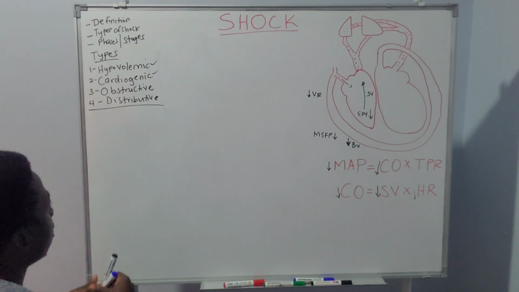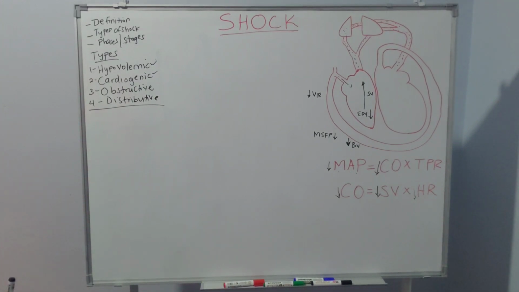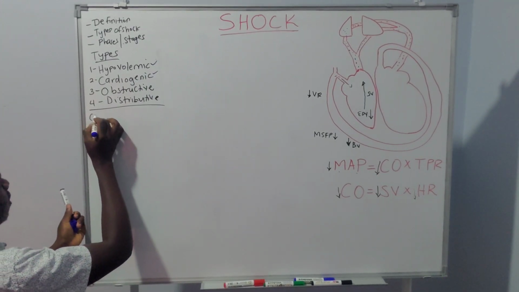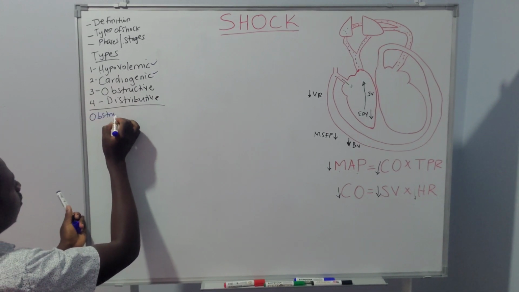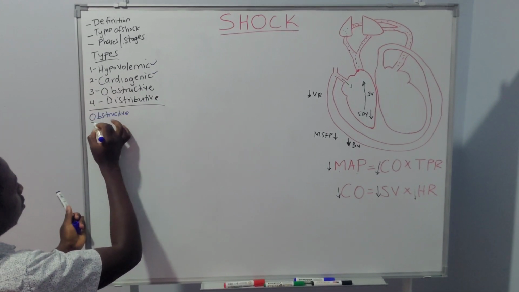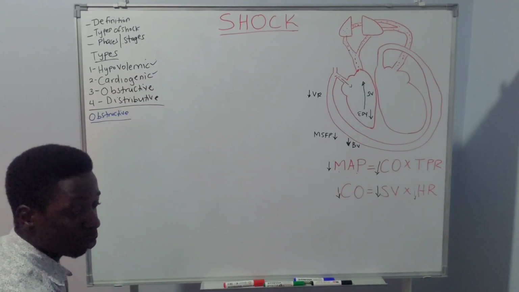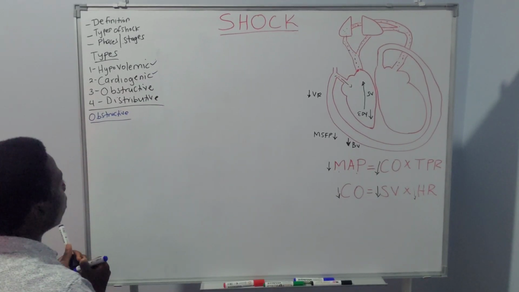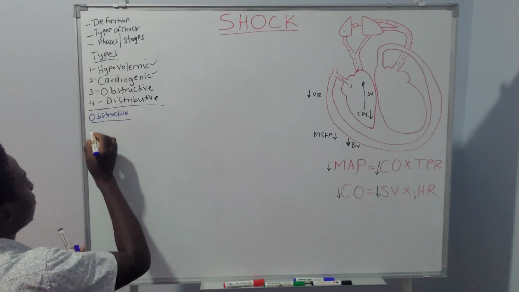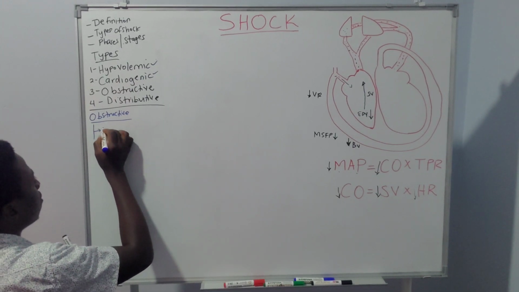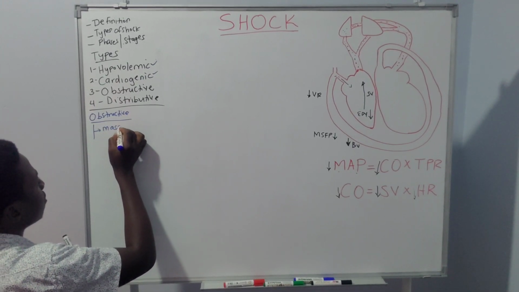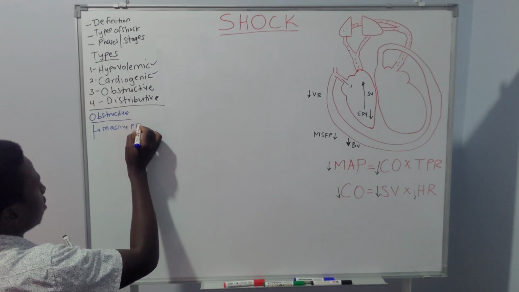So let's look at obstructive shock. What are the different causes of obstructive shock, and by what mechanism will they bring about shock? There are different causes. One, you can have a massive pulmonary embolism.